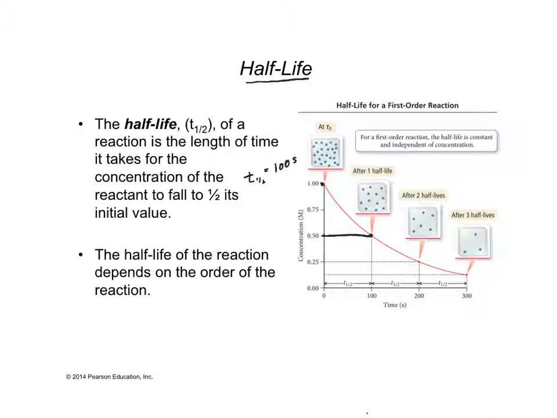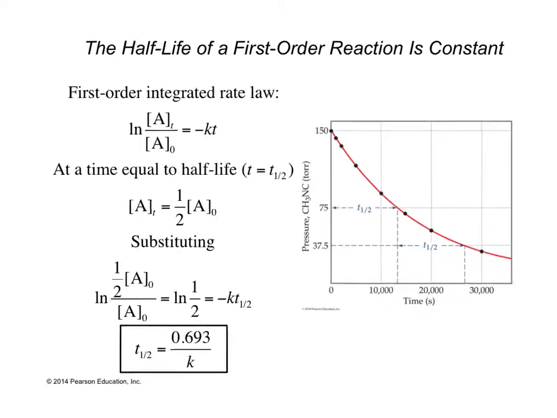It's going to depend on the rate constant, K. It's also going to depend on the initial concentration of reactant species for some of these orders. But the most important thing to note is that the half-life expression is going to be different depending on if it's a first-order reaction, a second-order reaction, or a zero-order reaction. We're going to go through the half-life expression for the various orders in the next few slides.